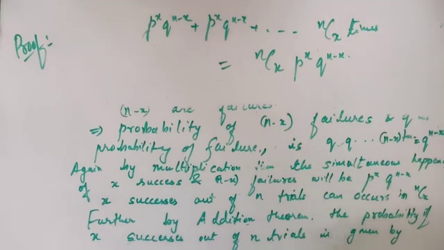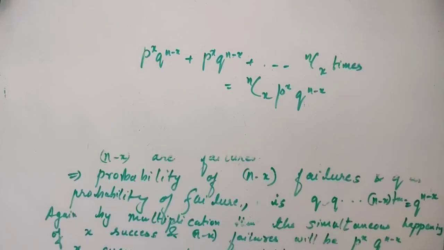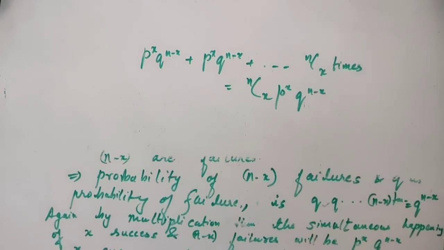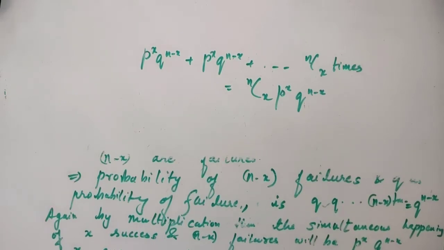So out of n trials, the probability of x successes will be nCx p raised to x q raised to n minus x. Here we have to get x successes out of n trials. x successes implies n minus x failures, is it not? Simultaneously both of them are occurring, and in how many ways can we get x successes out of n trials? nCx ways.